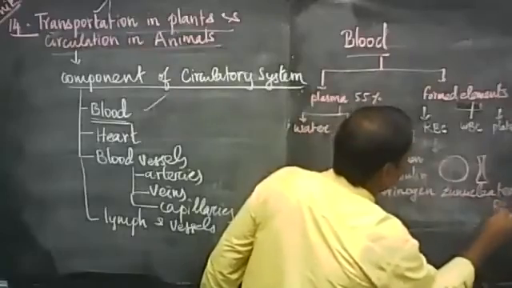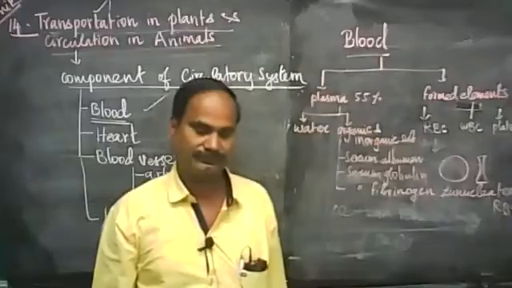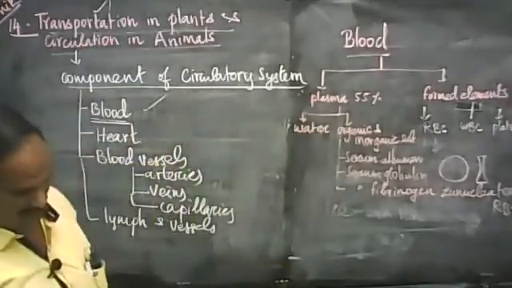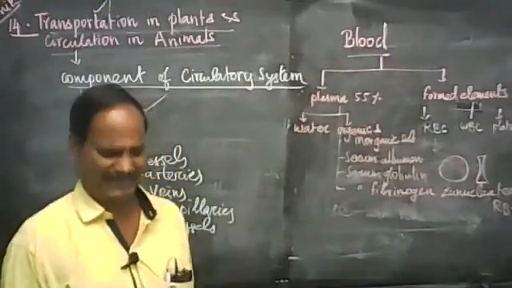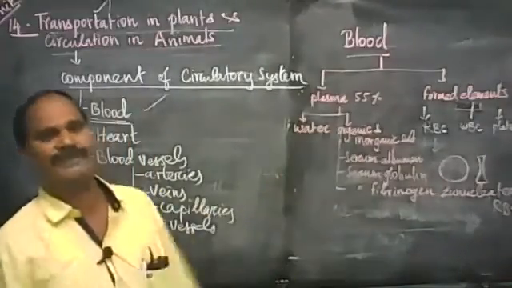What is the meaning of enucleated RBC? During the formation, RBC contains a nucleus. Later, the nucleus is lost. Why does RBC not contain a nucleus? It has to accommodate an enormous amount of hemoglobin.